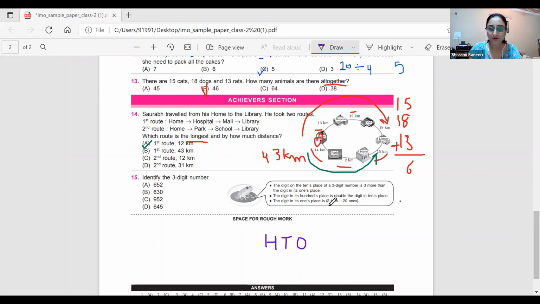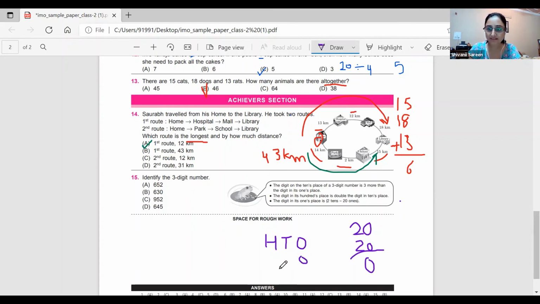Let's start from bottom to top. 2 tens means 20. 20 ones is again 20. We will do these topics separately in different videos. So 20 minus 20 is 0. So I could identify that the ones digit is 0.